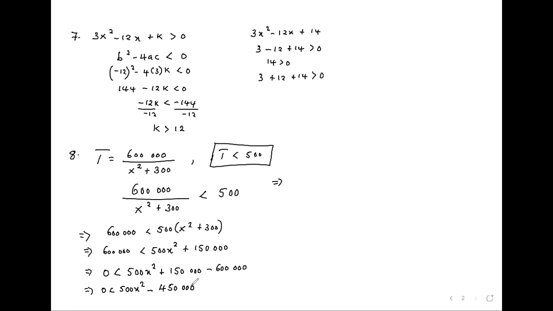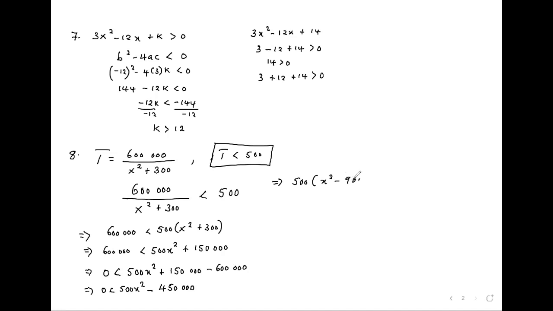If we factor out the 500, we remain with X squared minus, you break the 2 zeros there, you will have 4,500 divided by 5, which is 900.